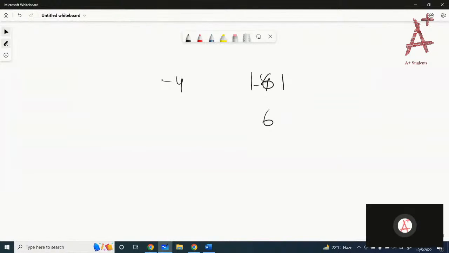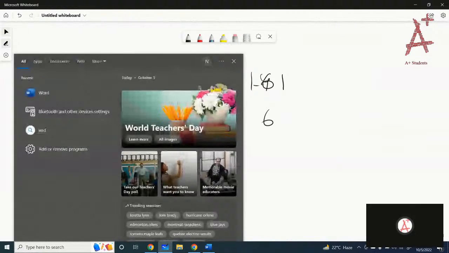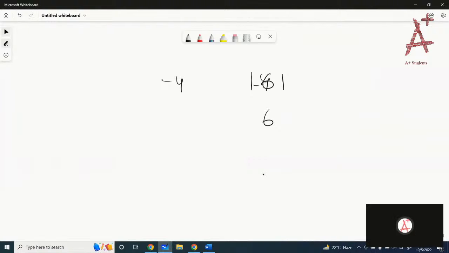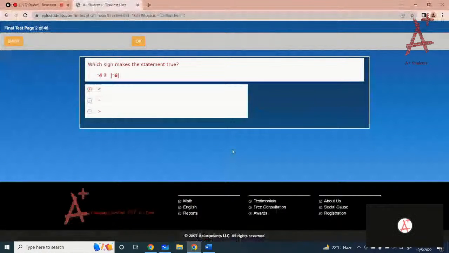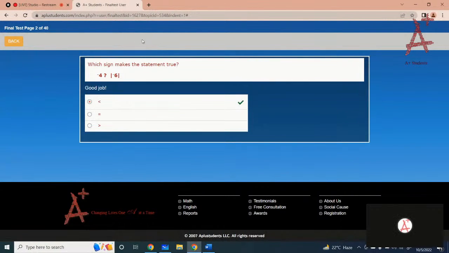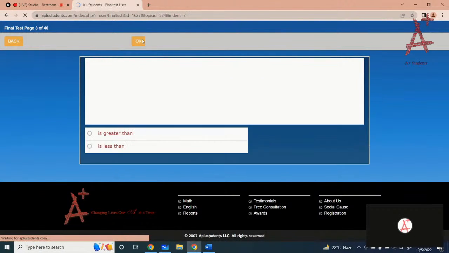We did absolute values in the last class. If you have any problem, you can search the topic and do practice questions. So now you have to compare negative 4 and 6. Negative 4 is less than 6. Negative numbers are always less than the positive numbers. So the correct option is less than. Select the correct option and click on the OK button.